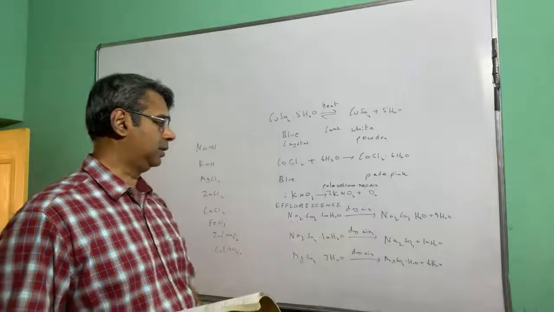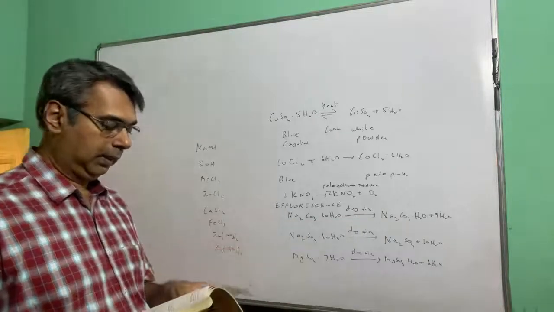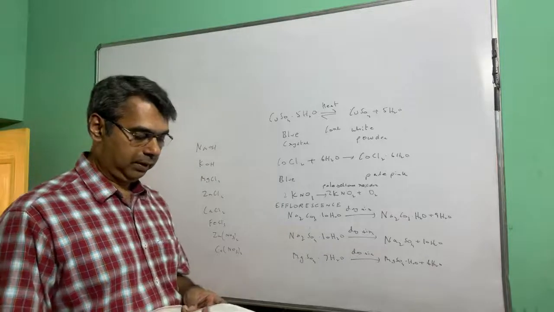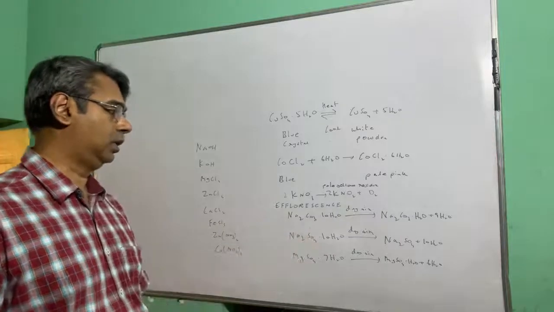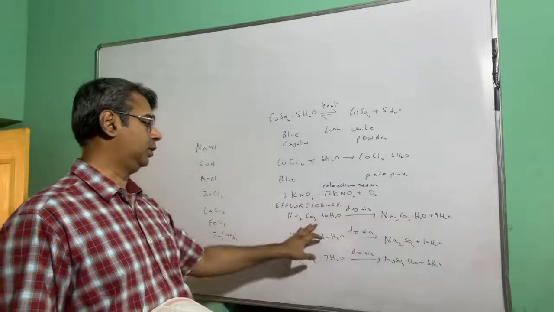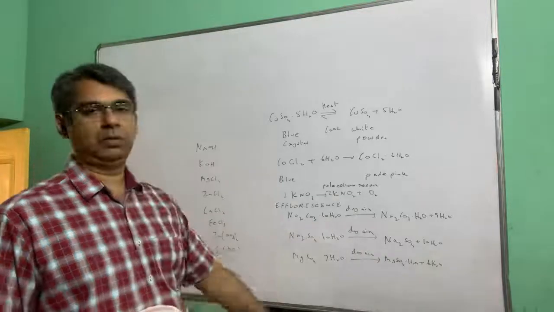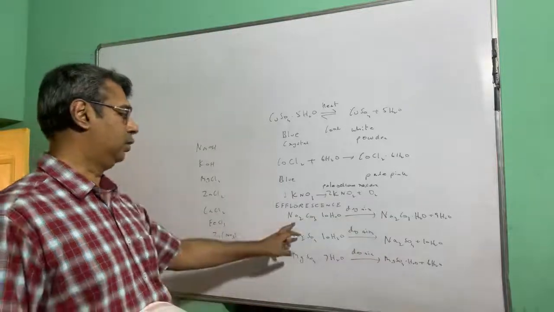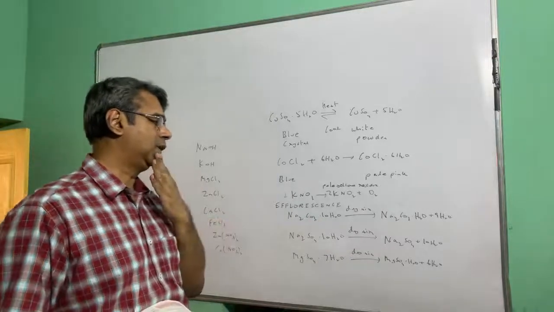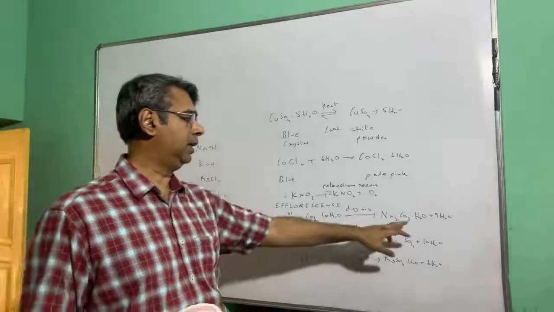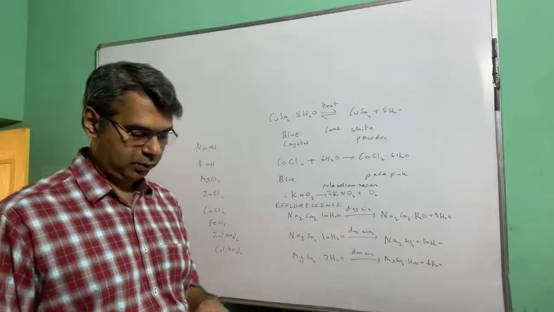You take a crystal, and if you expose it to air, then it will lose its water of crystallization. So Na2CO3.10H2O, if you expose it to air, will lose its water of crystallization. Na2CO3.10H2O has 10 waters of crystallization, and if you expose it to air, then out of 10 it will lose 9 and you will get Na2CO3.H2O.